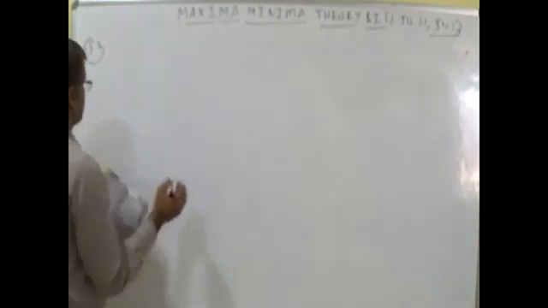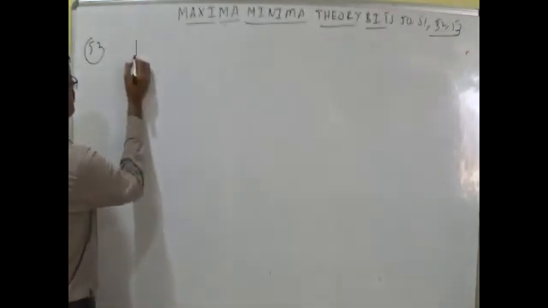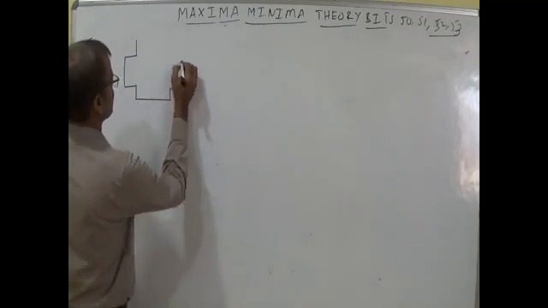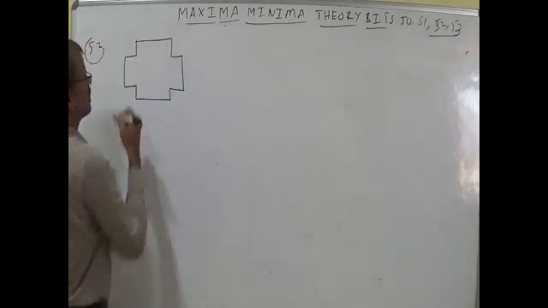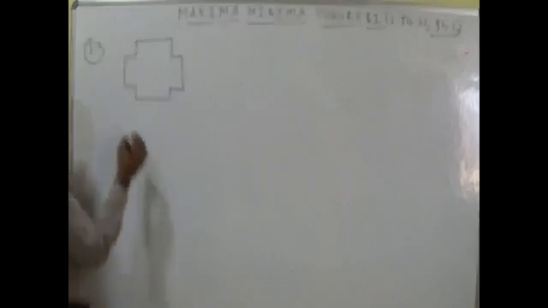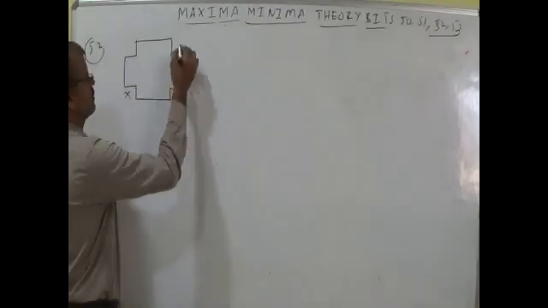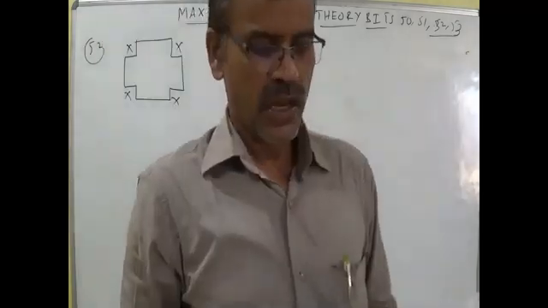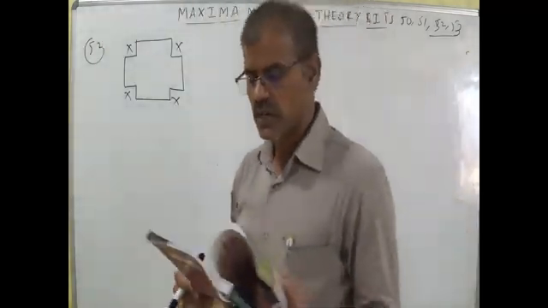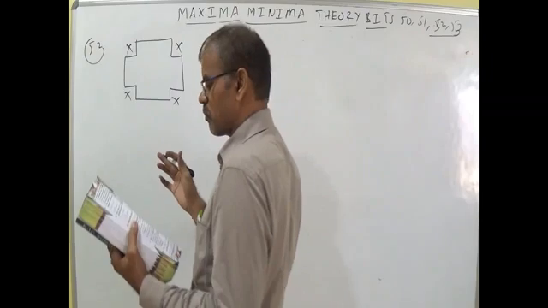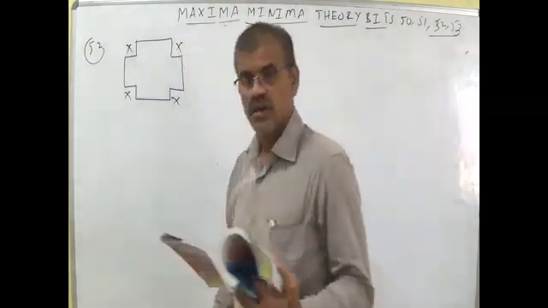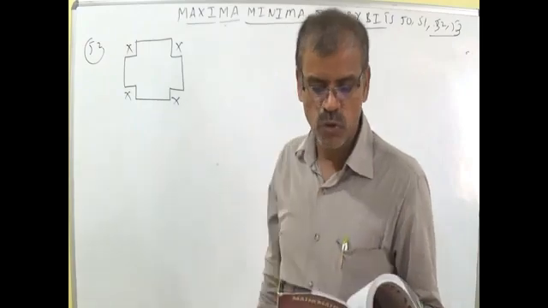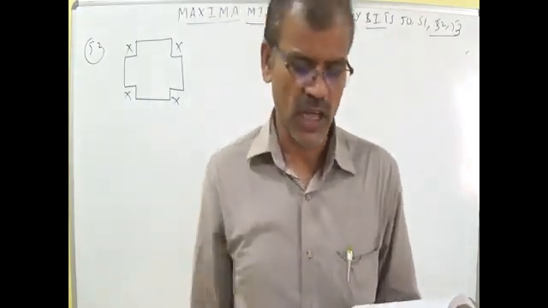Here it is depth. The rectangular metal sheet is like this. The metal sheet is cut at the corners like this, with x removed. The rectangular sheet of sides a and b has four equal squares removed at the corners, and the sides are then turned up to form an open rectangular box.